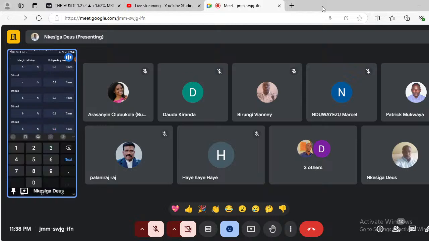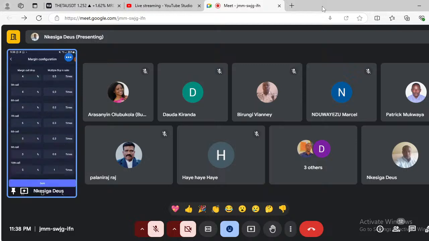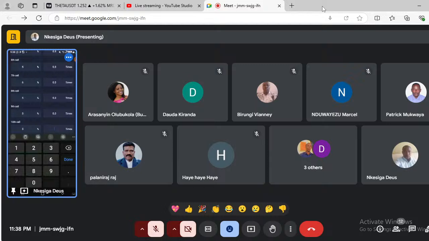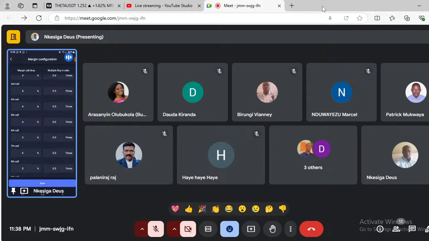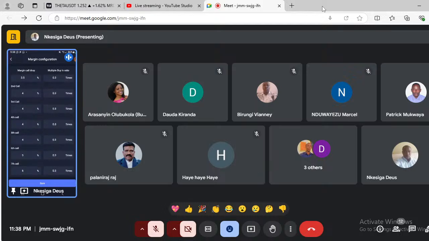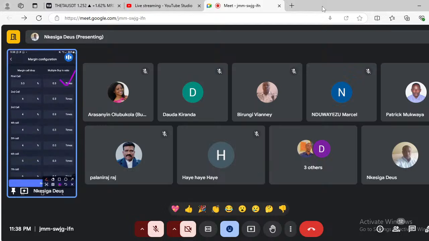The more you increase your first buy, the more money you make. But don't increase. And you go on what? Okay, let me check. You can increase up to 30, 20, 25, up to 30. There we are good to go. So we are done with our 10 margin calls on the side of time.